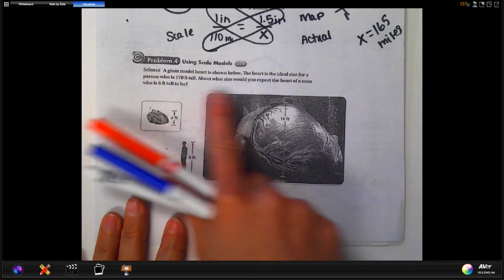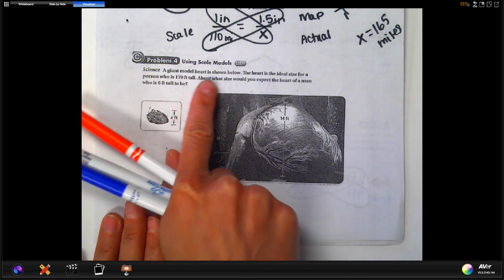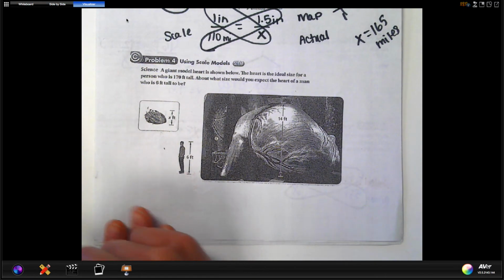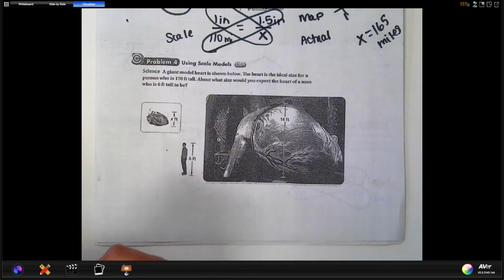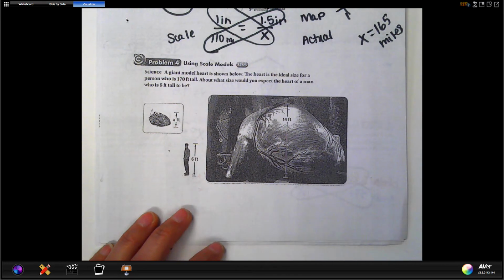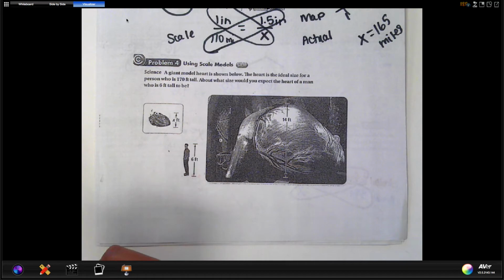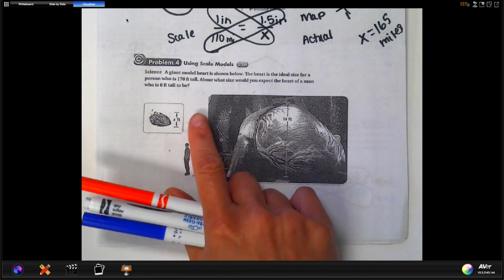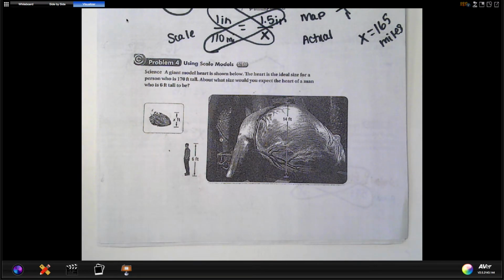And so here's what we got. A giant model heart is shown below. The heart is the ideal size for a person who's 170 feet tall, like the Jolly Green Giant, right? They blew it up. About what size would you expect the heart of a man who's 6 feet tall to be? Now, it's important to note that they say the ideal size of a heart, not everyone's hearts are going to be the same size, right?